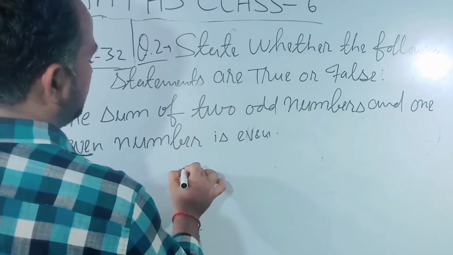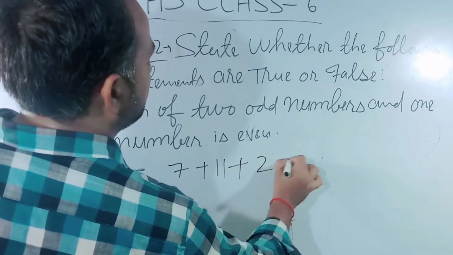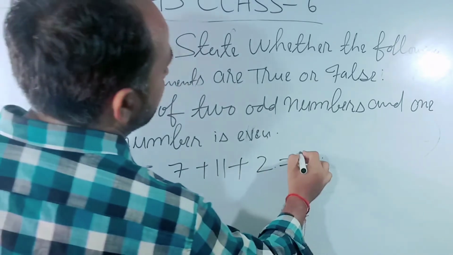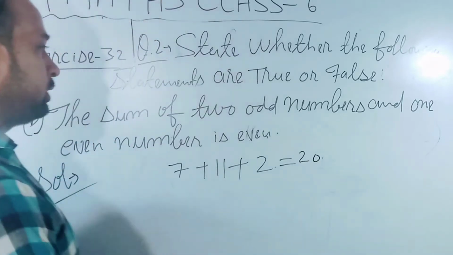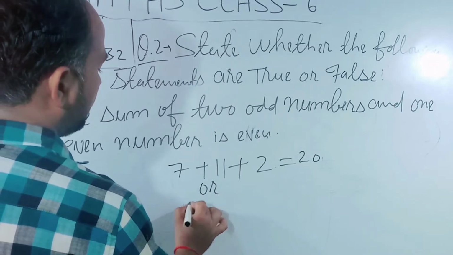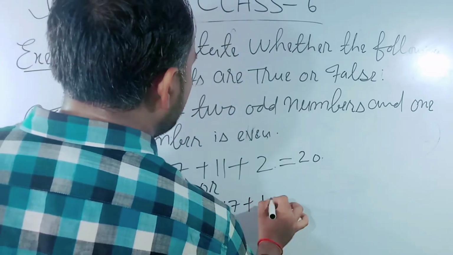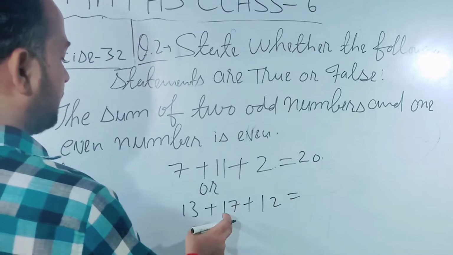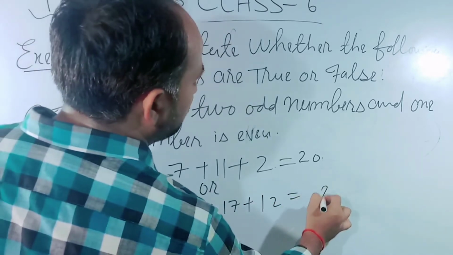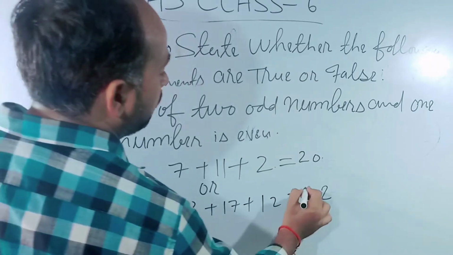Two odd numbers, 7 and 11, and one even number. 7 plus 11 is 18, 18 plus 2 is 20. Now the next example: 13, 17, and the even number 12. The output is again even.